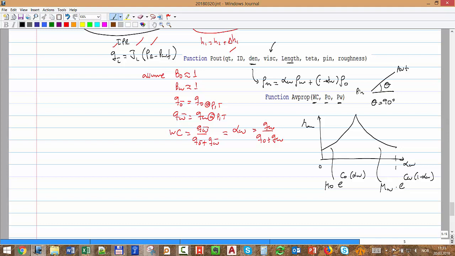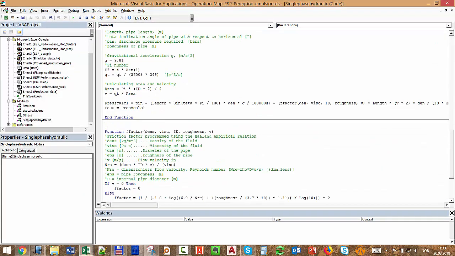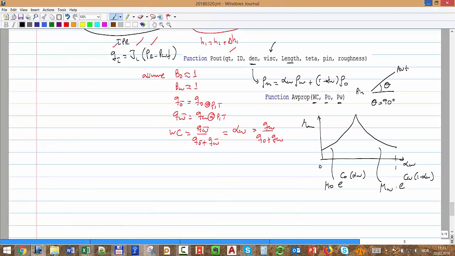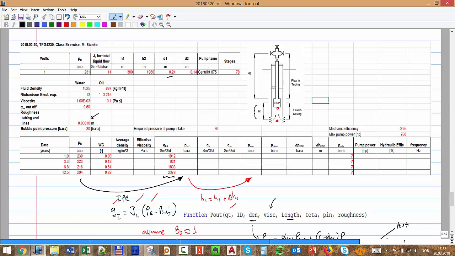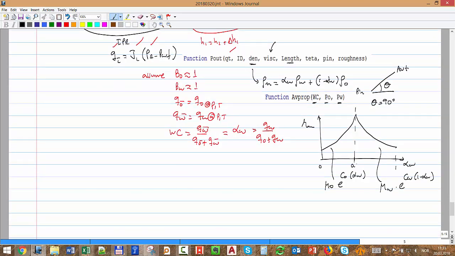That equation is also programmed for you. Let's see, it should be here in emulsion. You need the viscosity of the oil, viscosity of the water, the volume fraction, that is the water cut, the exponents, and the cutoff. The cutoff is exactly this number. Here the inversion point happens at 0.6, so here it will be 0.6.